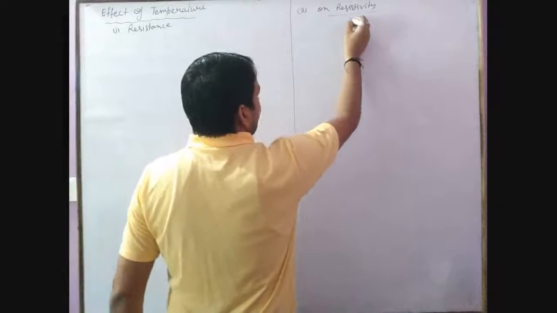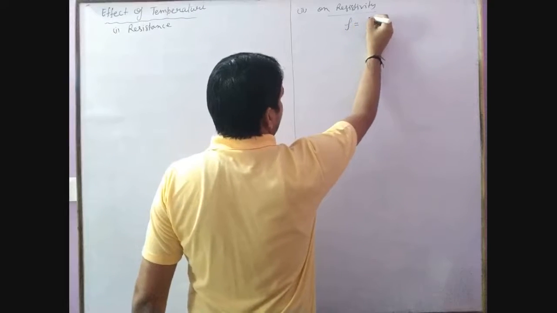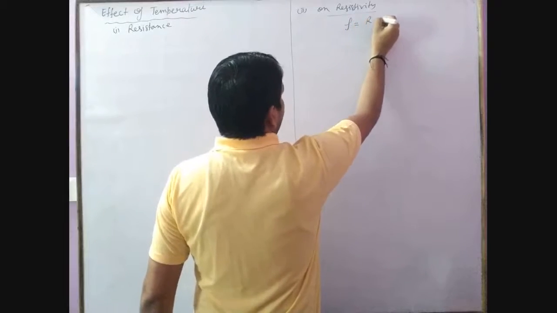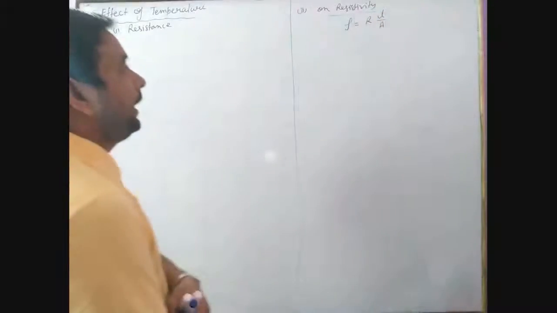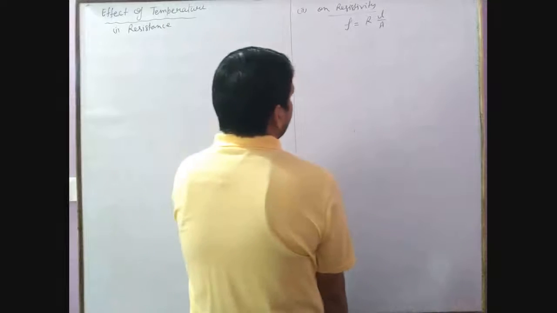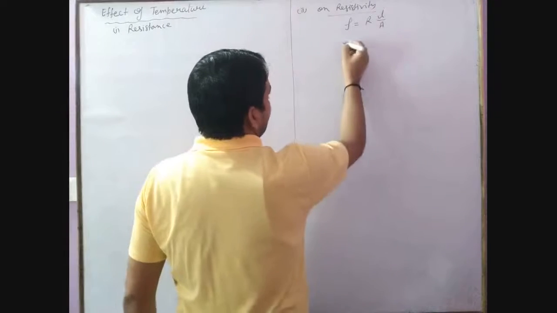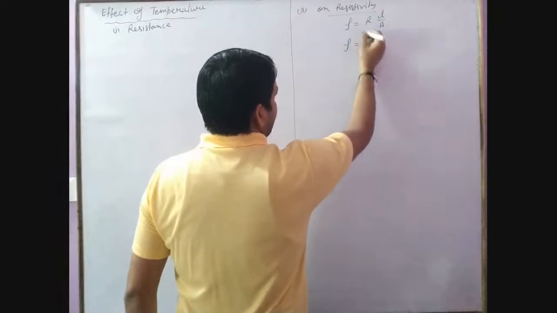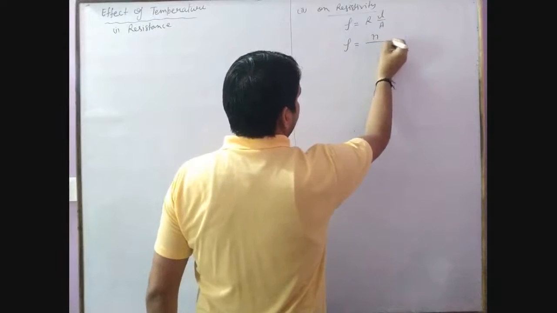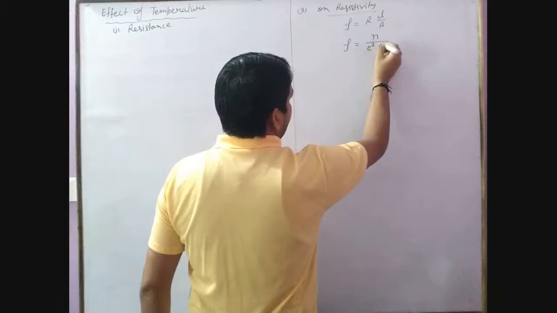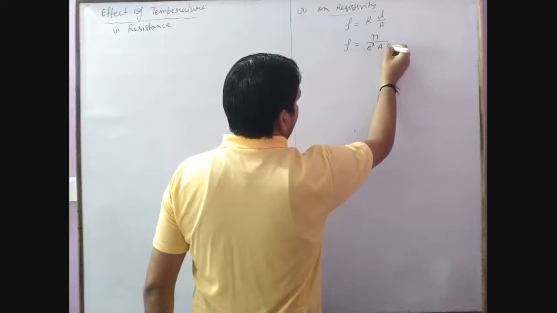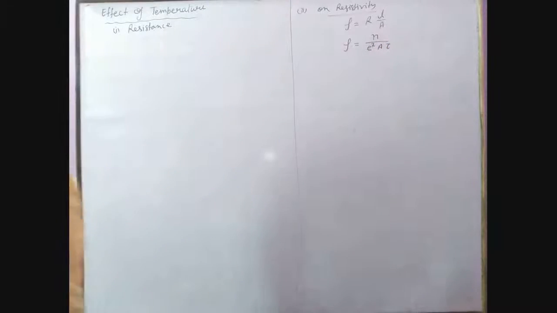As you have the formula, rho is equal to R A upon L. And when we derive the relation for Ohm's law, we get that resistivity is equal to m upon n e square tau.